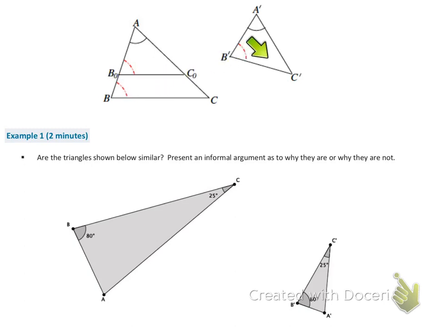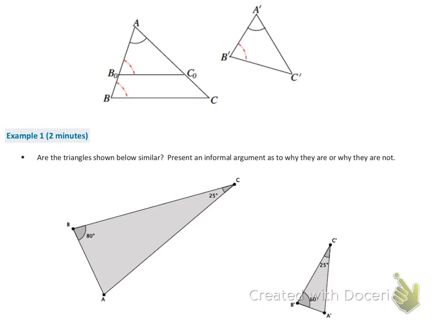Well, if that's true, then I can just move this triangle right over and set it right here, and it would hit at some point B naught and C naught. So I could just superimpose it over, and then the same proof that we just did would hold. Okay, so that's a slightly more formal proof of what you already verified by doing the measurements with the triangles that you drew.